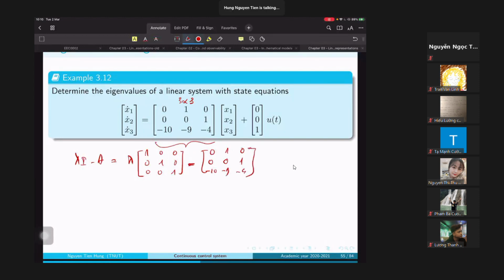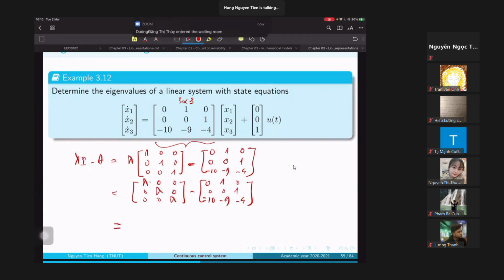So in other words, we got lambda 0, 0, 0, lambda 0, 0, 0, lambda minus this 0, 1, 0, 0, 0, 1, minus 10, minus 9, and minus 4. And what we got is the two matrices.